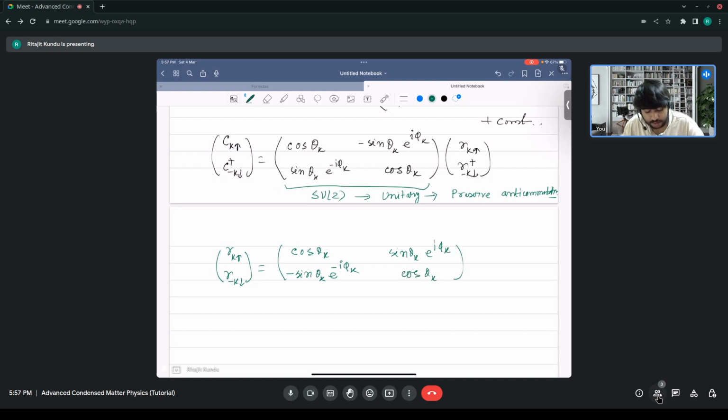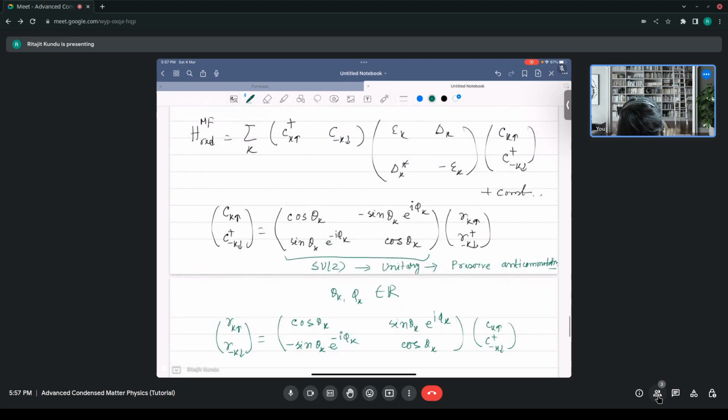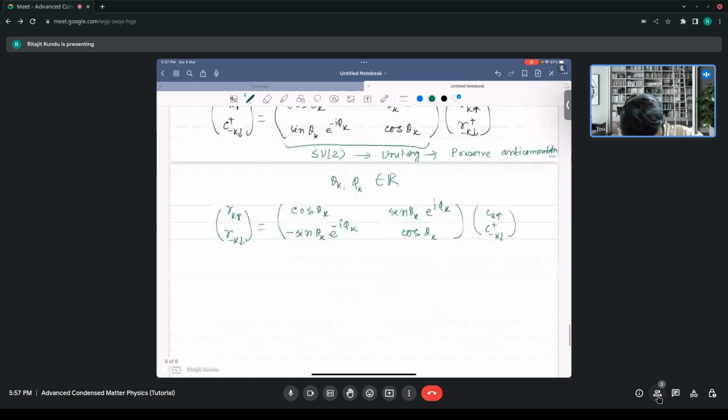Here the unitarity restricts theta k and phi k to be real numbers, and this acts on ck up and c minus k down dagger. Let's call this some u matrix, u of k, and this is our u dagger k.